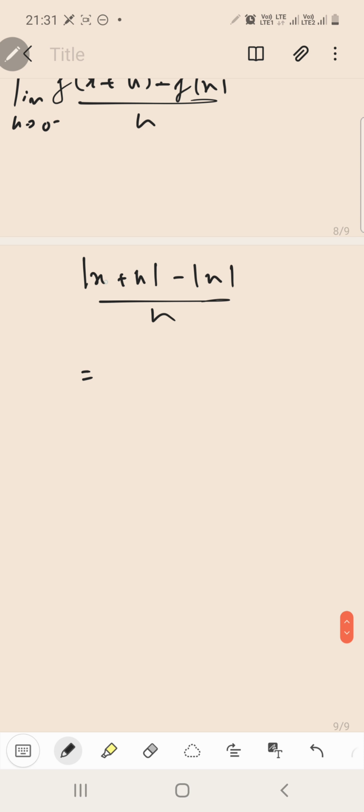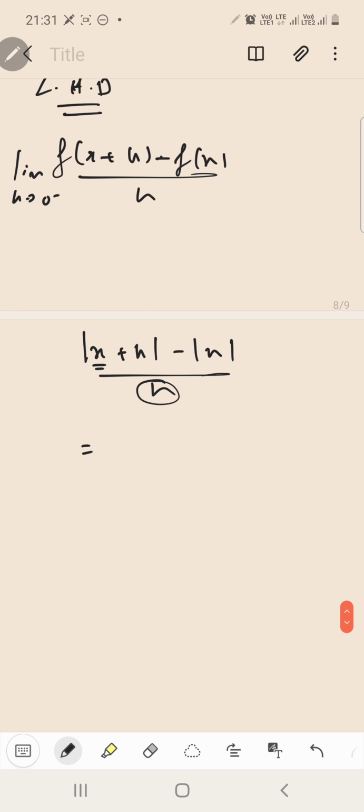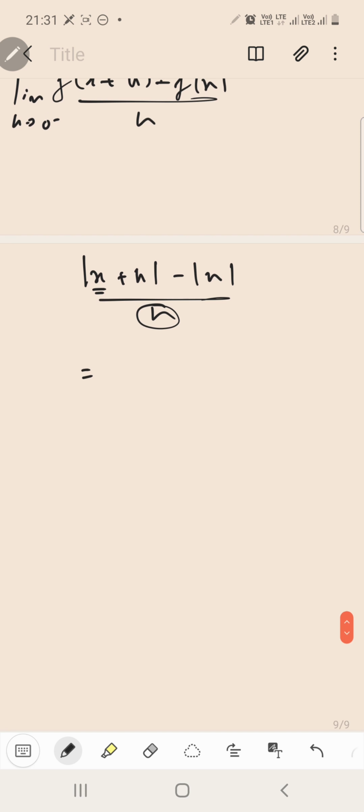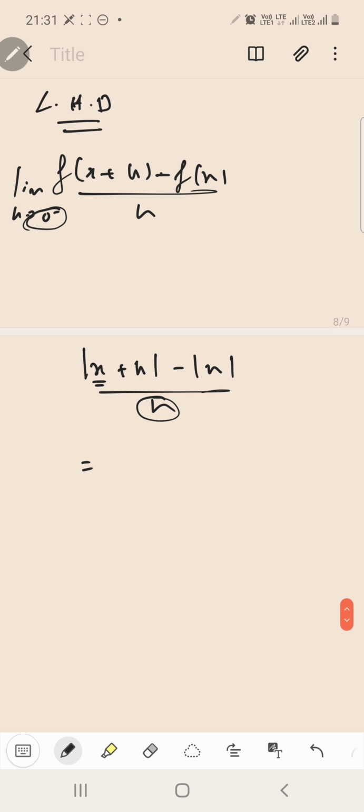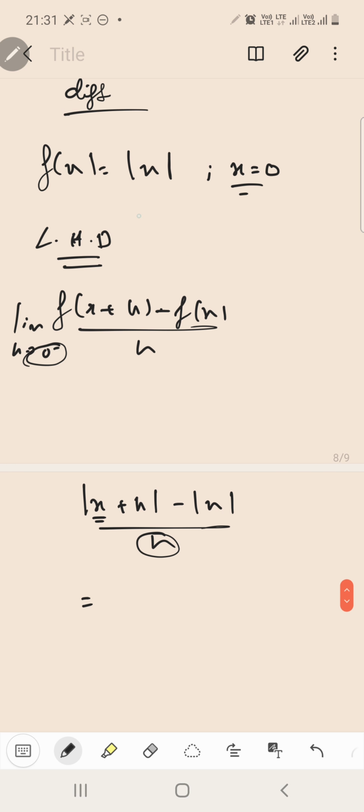Now you cannot put h equals 0 here because that will evaluate to an indeterminate form. So putting x equals 0, now see you have the 0 minus form, that means you are calculating the left hand derivative. Now we know that mod x can be converted to a piecewise function as minus x when x is less than 0 and x when x is greater than 0. You can put the equal to sign in any range.